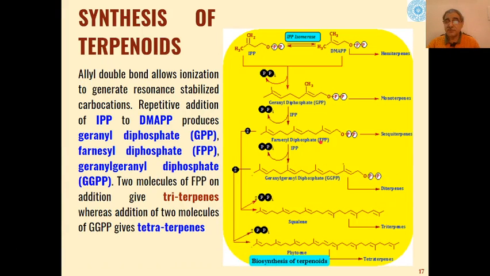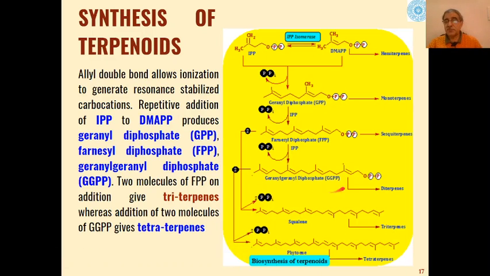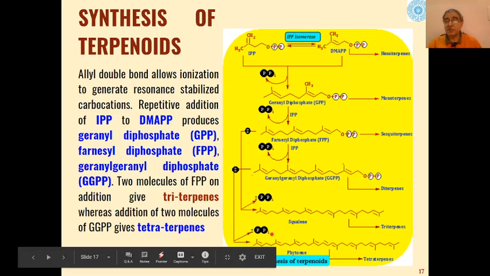Similarly, one molecule of FPP when combined with another molecule of FPP can be converted into squalene, which is an example of triterpenes. If two molecules of GGPP condense with each other with the elimination of diphosphate, then we will get phytoene as the product, which is an example of tetraterpenes.